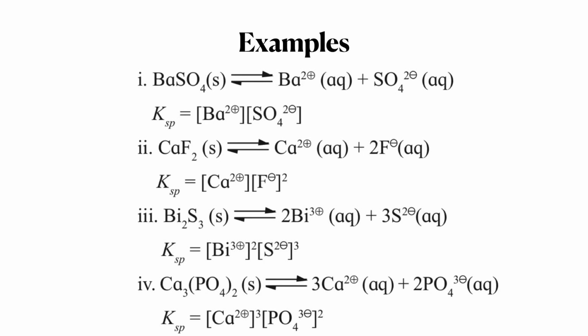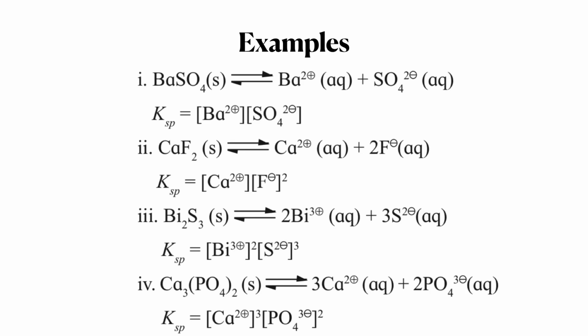The concentration of Ba2 plus raised to 1, since the stoichiometric coefficient for Ba2 plus is equal to 1, into the concentration of SO4 2 minus raised to 1. Okay, so hopefully you understood how to find out the solubility product.